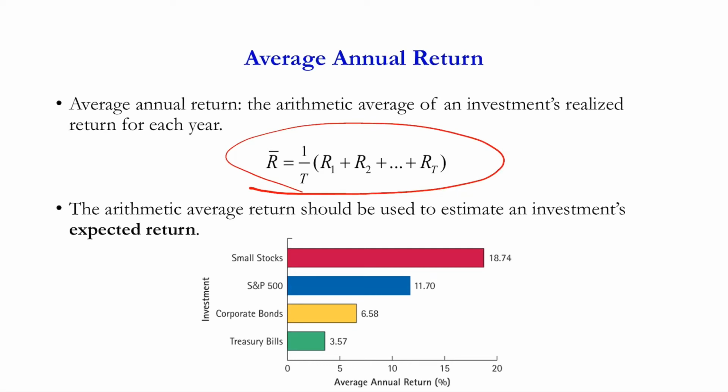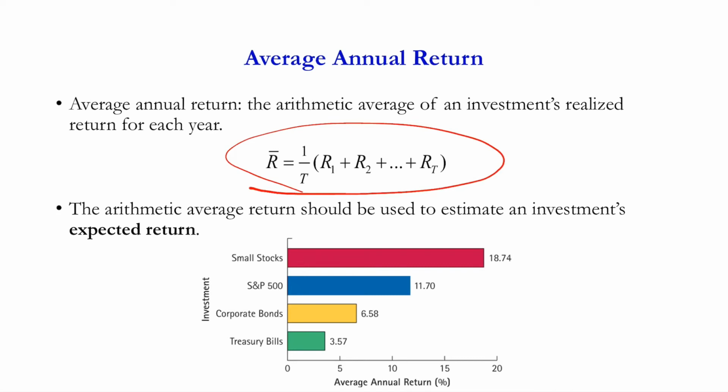Okay, and you should know that the arithmetic average return is appropriate when we want to estimate an expected return for the investment, not its historical performance. So the expected return is what we are going to expect at the time of investment on stocks or bonds or any other asset class.